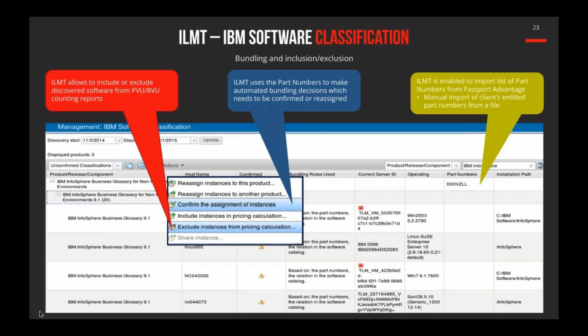Okay. My assumption was that in the previous version, it used to confirm a few instances automatically, with 100% certainty. No. In the previous version 7.5, it would say, I've discovered these components, and this is where I think the products should be.